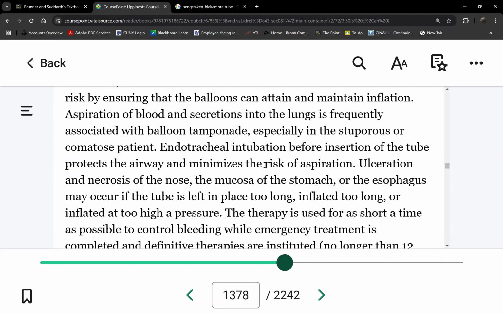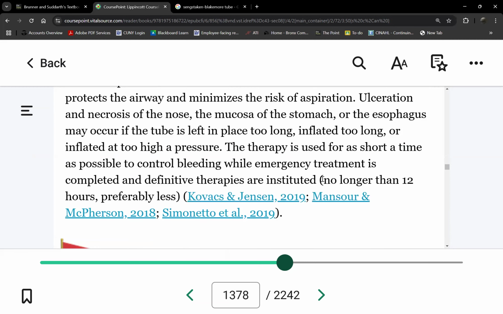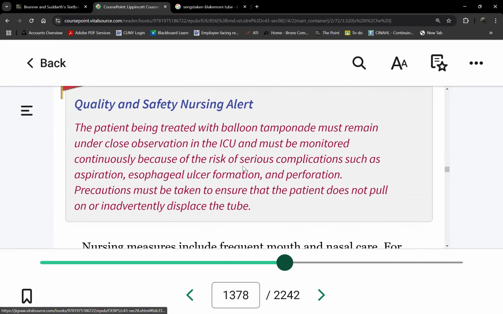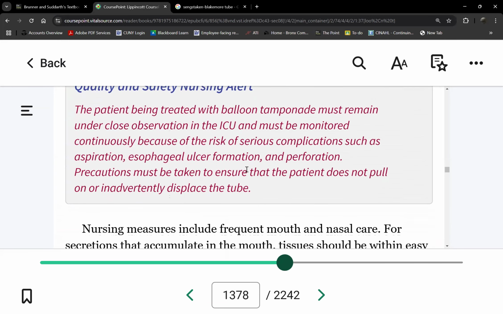Balloon tamponade. All right, so these are options to prevent aspiration, because remember, you can't swallow with that tube obstructing your epiglottis. The throat must be clear for your epiglottis to close over your trachea and swallow. You can't swallow with this in place. So here's again the warning: watch them for aspiration. How do we prevent aspiration again?